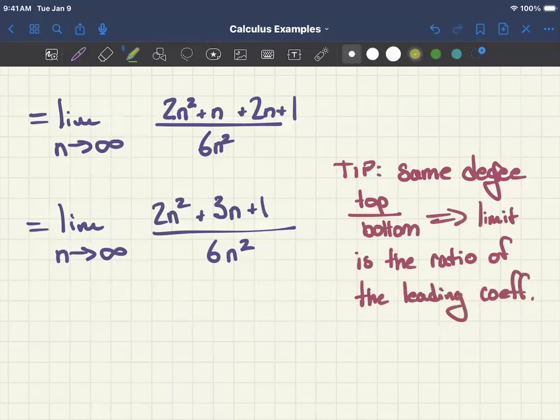By leading coefficients, we mean the number in front of the n squared in this case. So it's the largest degree.